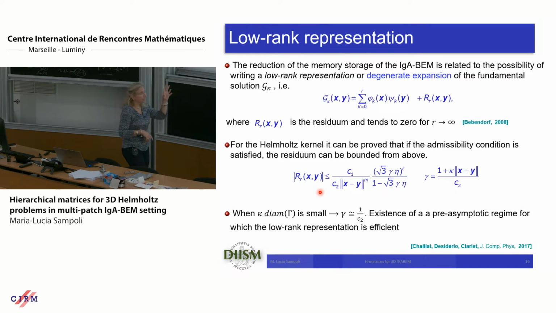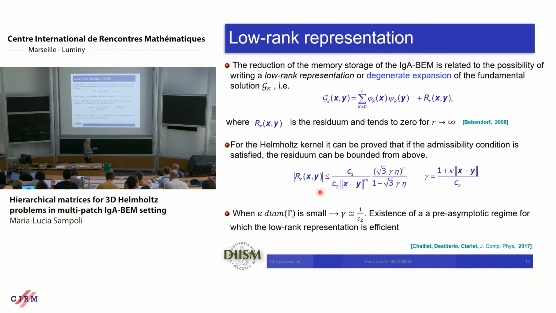And for the Helmholtz kernel, it can be proved that with the admissibility condition that we have considered to make the block cluster tree, we can upper bound the residuum in this way. When this quantity is small, we indeed have a viable upper bound. This also gives us the guarantee that the low rank approximation could be an efficient technique.